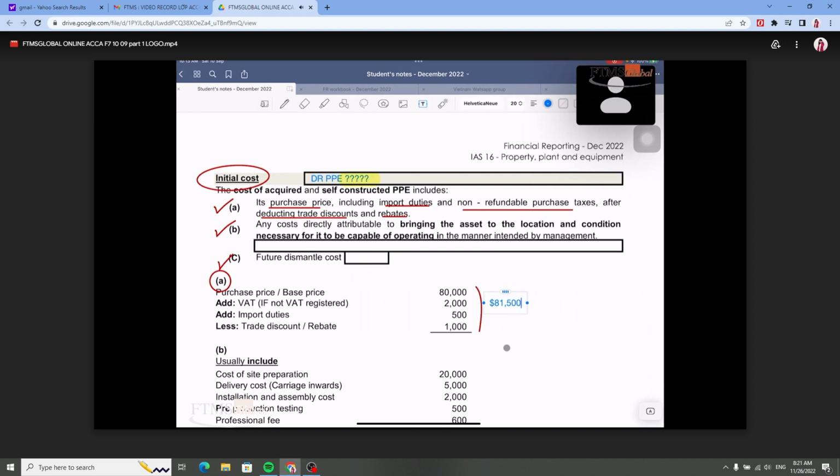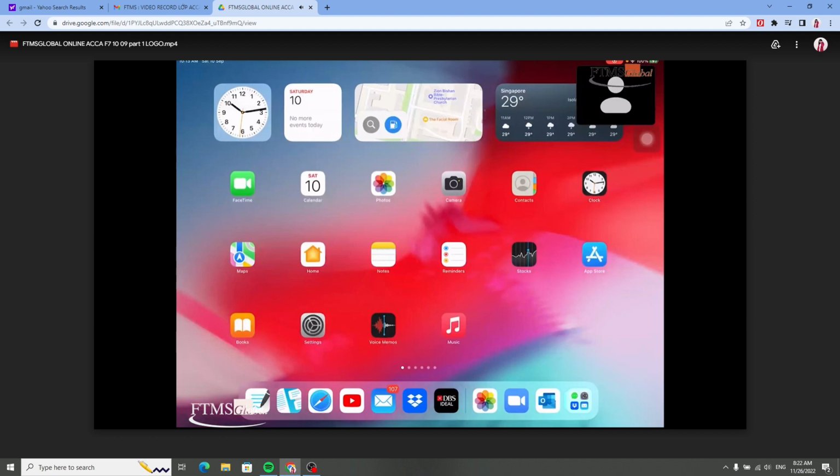Okay, now, I just want to ask you a question. There's one similarity here. Purchase price, VAT, import duties, and trade discount. These four items, right? There's one similarity. Are you able to see the similarity? They have something in common here. That's why it's grouped under A. Are you able to see the similar point?